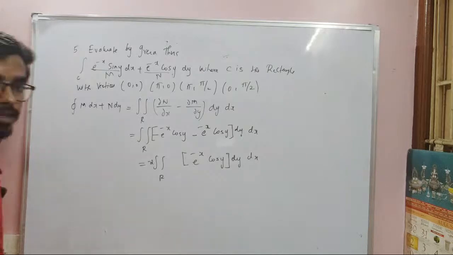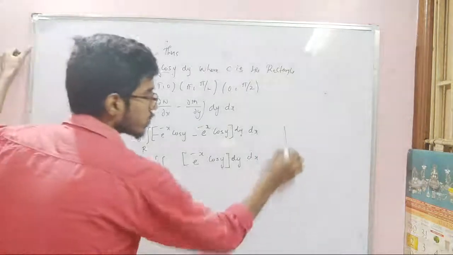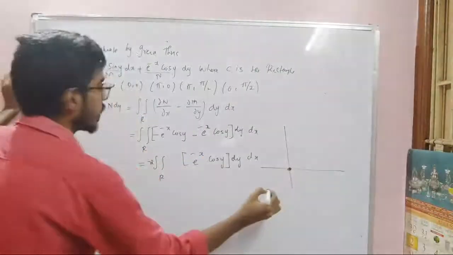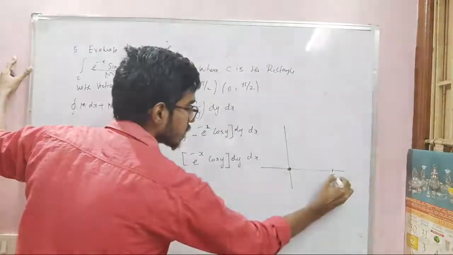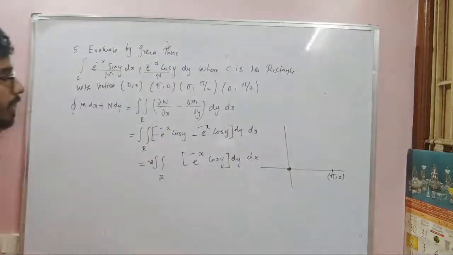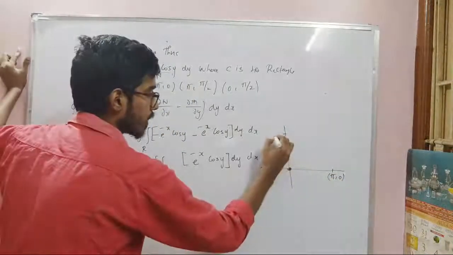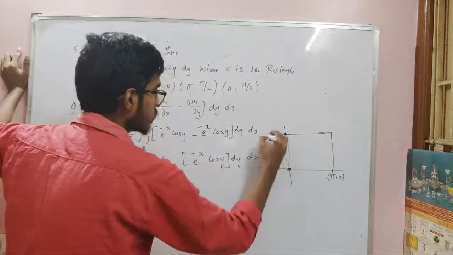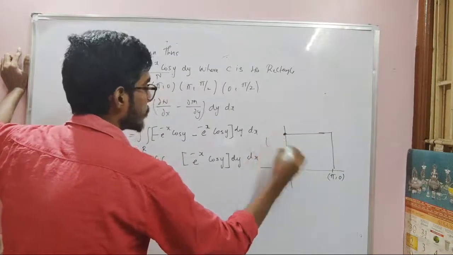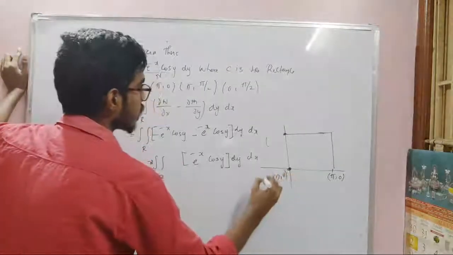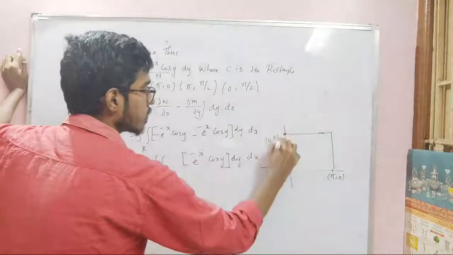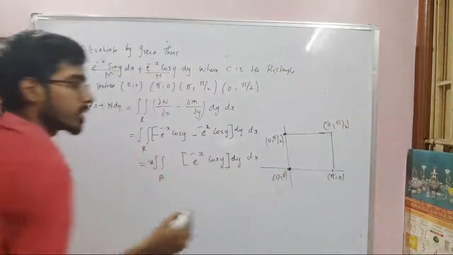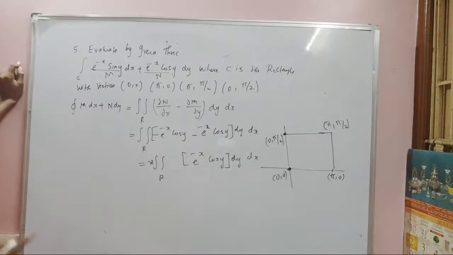Now, we need to find the limits, the x limit and the y limit. You can see our rectangle: 0 comma 0 is one point, pi comma 0 is another, pi comma pi by 2 and 0 comma pi by 2. Again you can do this by line integral also.